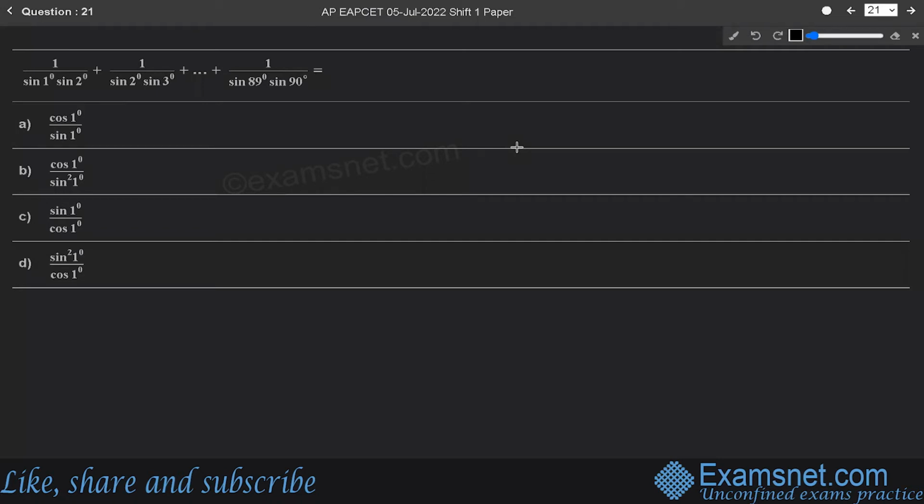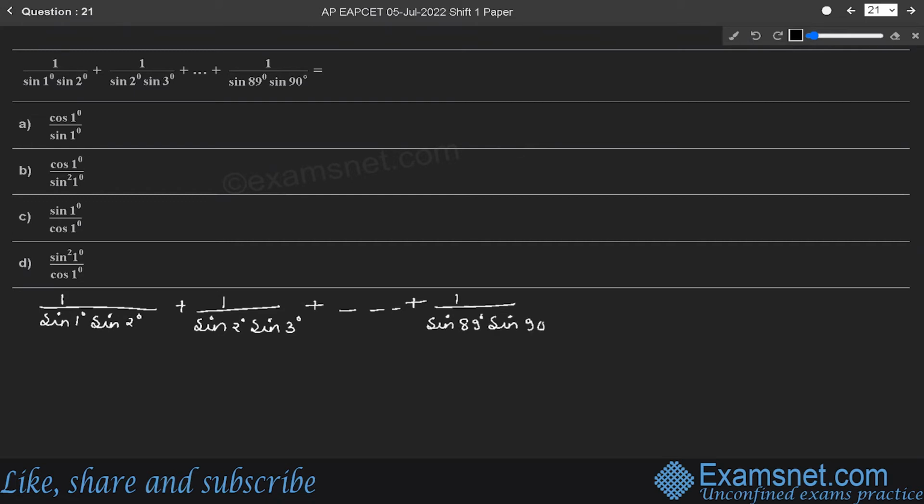Next question is also from trigonometry, and the question is 1 upon sine 1 degree into sine 2 degree plus 1 upon sine 2 degree into sine 3 degree plus and so on up to 1 upon sine 89 degree into sine 90 degree.